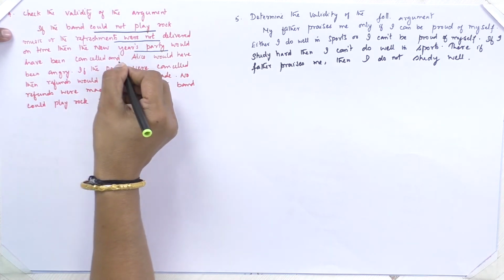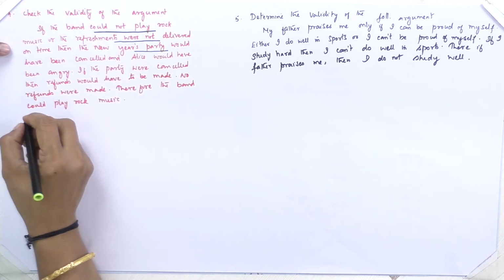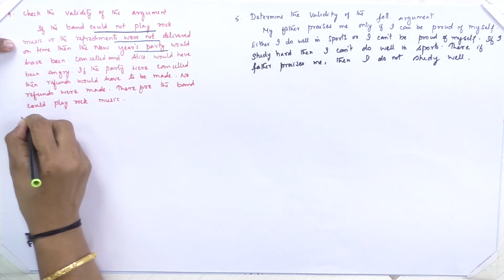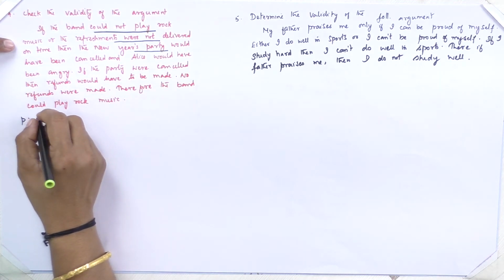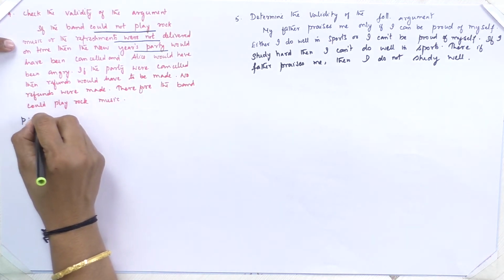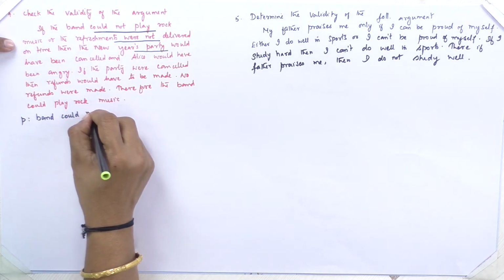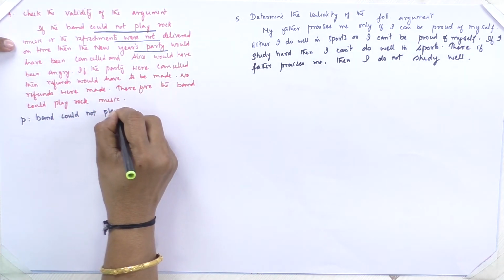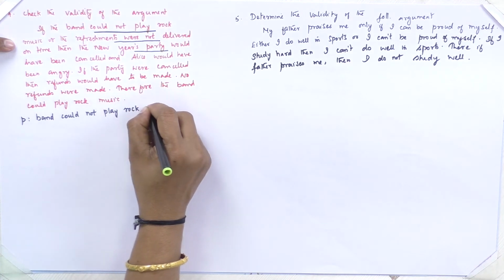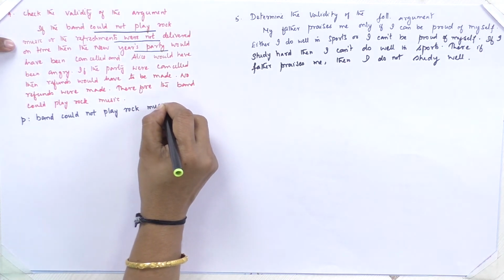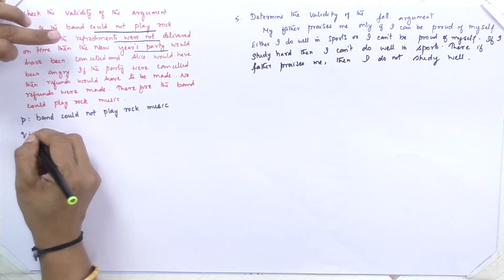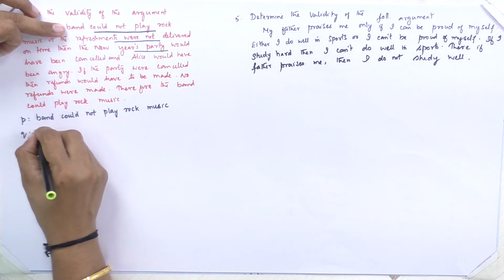So these are the three keywords I have identified in the first statement. So let P denote band could not play rock music, right? Q represents refreshments were not delivered on time.